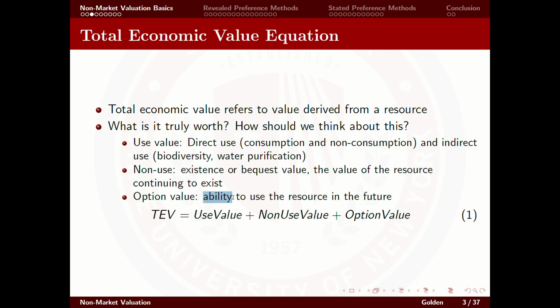And then the option value, the ability to use the resource in the future. Maybe you're setting aside land because you want the option of using it for research or doing things in the future. One good example of this is, first off, the world's fisheries, where, in the global oceans, there's this common ability to fish, and we want our grandchildren to be able to catch cod.